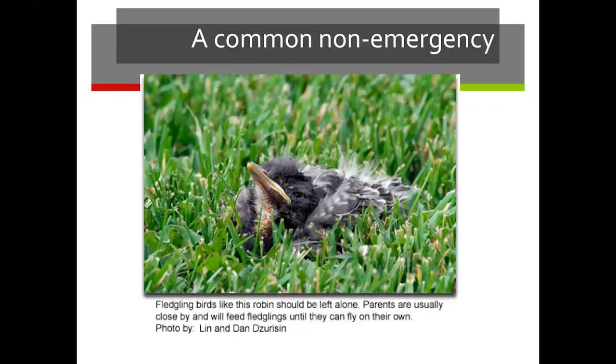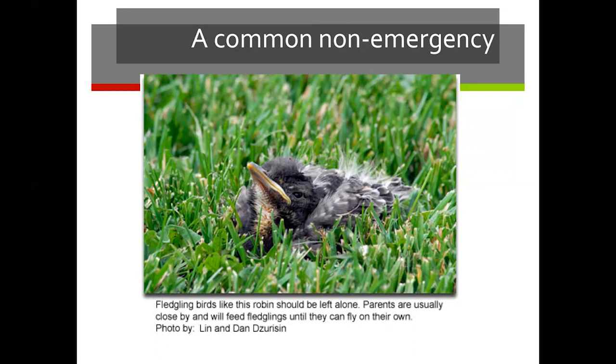So, some examples for common non-emergencies: fledgling birds. A picture from the internet here. This is a common situation where people don't know that these fledglings may spend up to a week on the ground, during which time their parents are still caring for them.